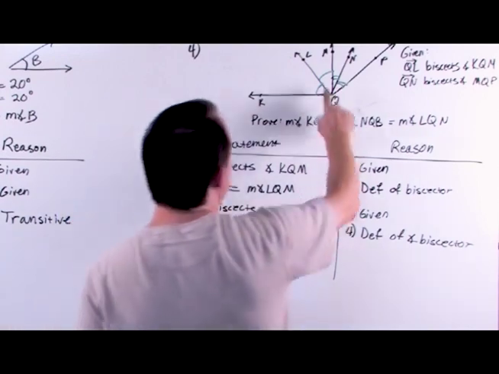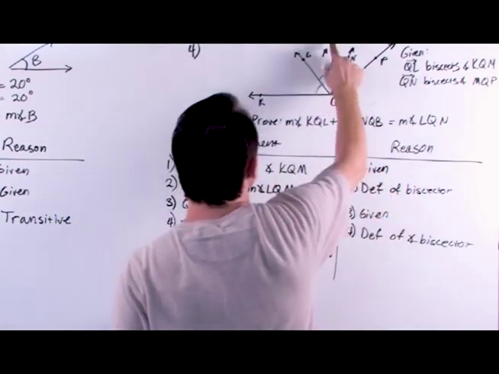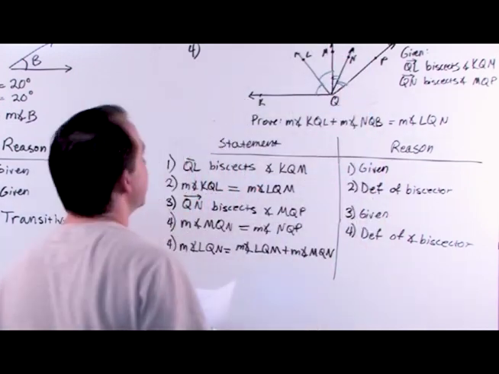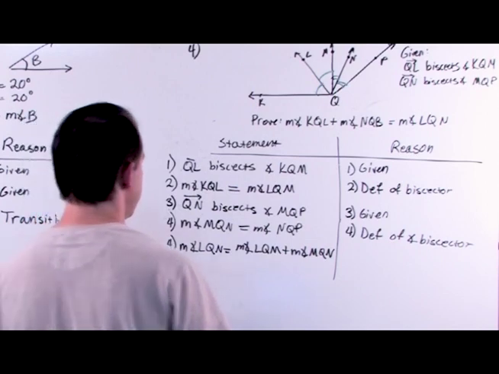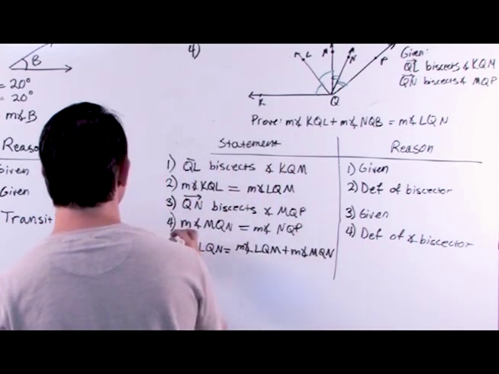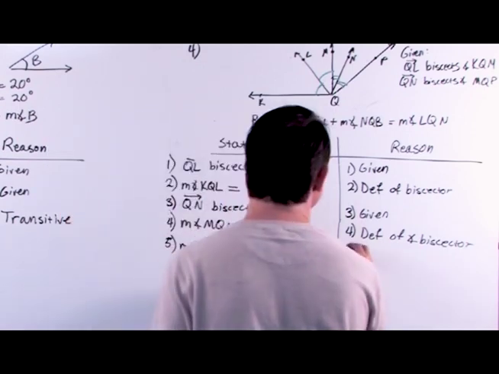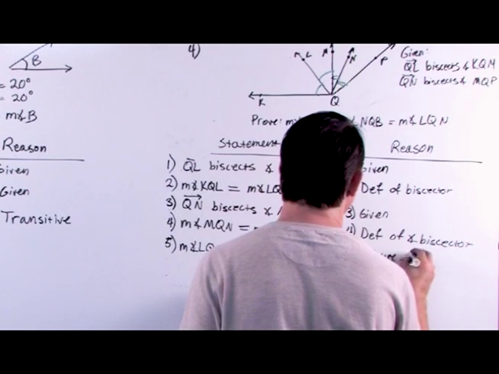All we've said is the angle we're trying to actually find an expression for, this one, is equal to this angle plus this angle. Okay, LQN plus MQN. And I can't number here, so this is 5. And the definition here is from the figure. And you can also say angle addition.